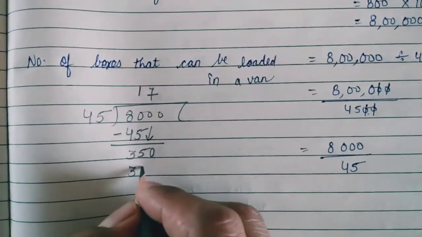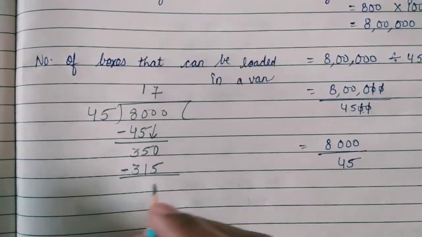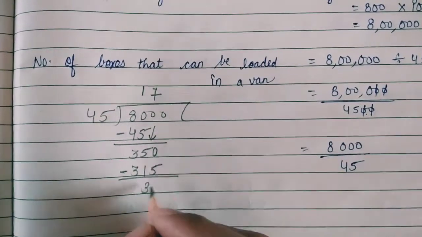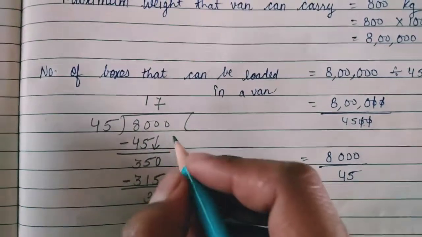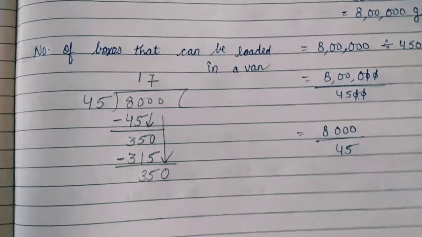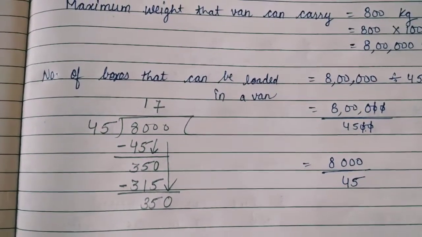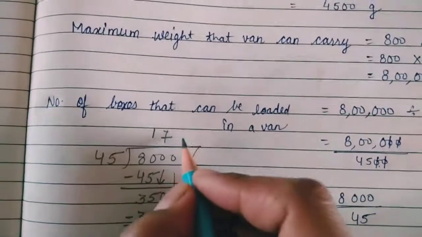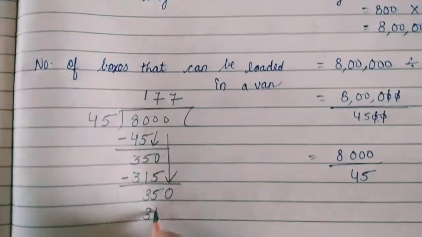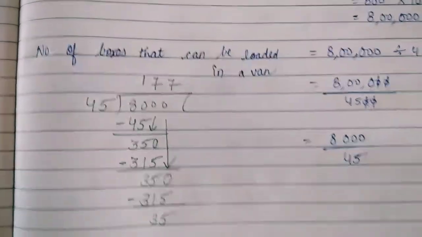Sevens are 315. After subtracting we will get 35. Now one more last zero comes here and we get 350. Once again we have to divide by 45. We read the table of 45, 7 times is 315, and at last we get 35.